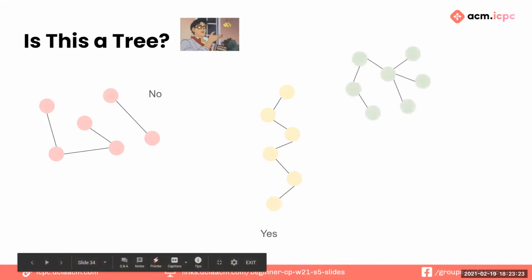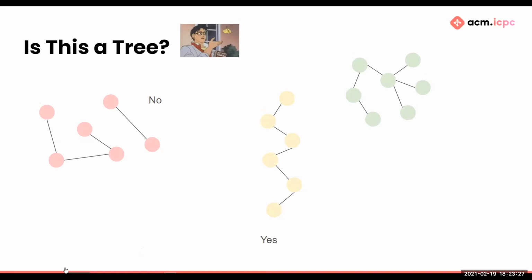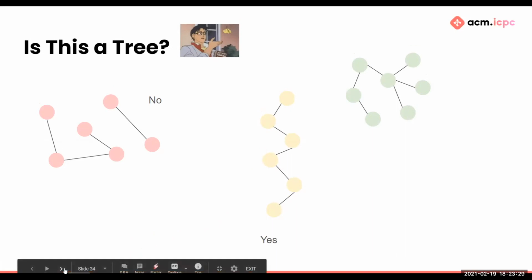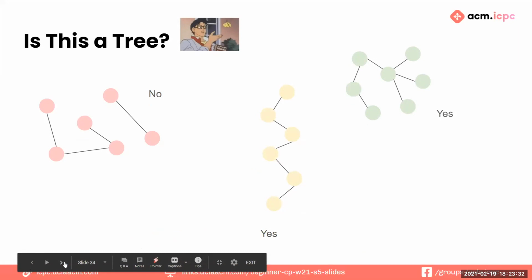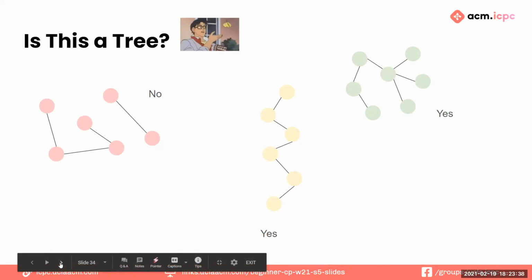Is this a tree? Again, yes, it is because it is a connected graph and it has no cycles. And we can keep going. We'll go a little faster now.